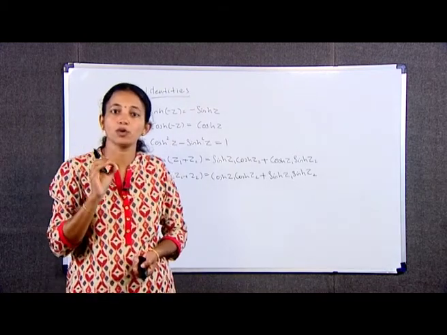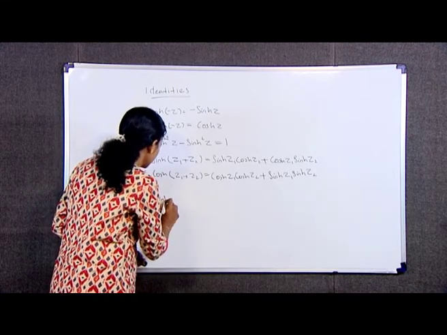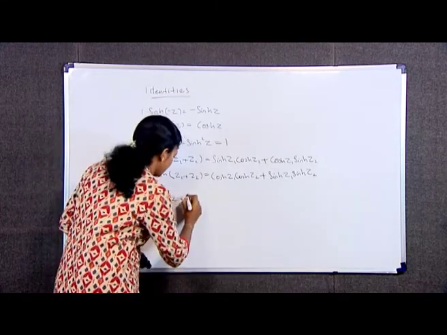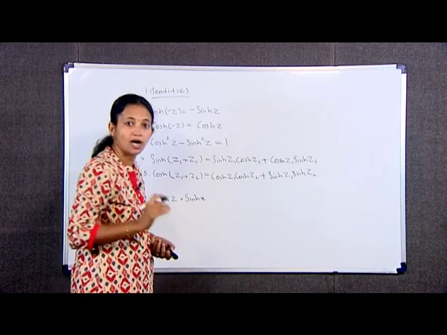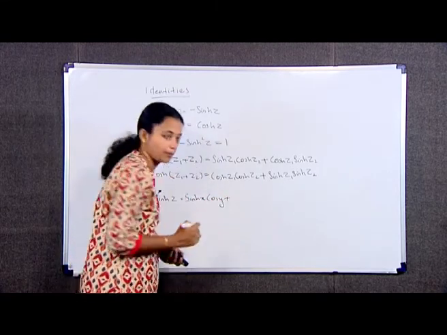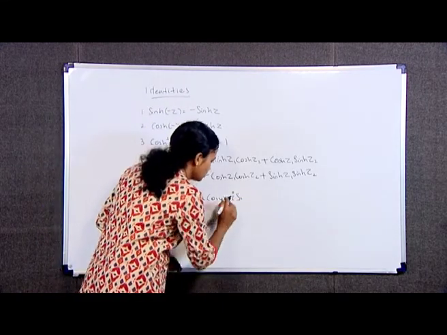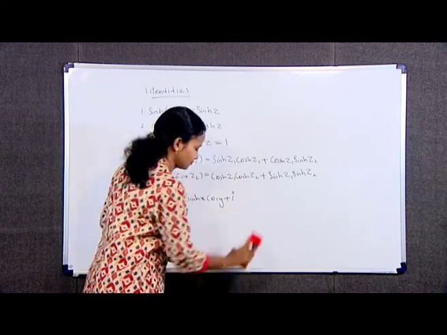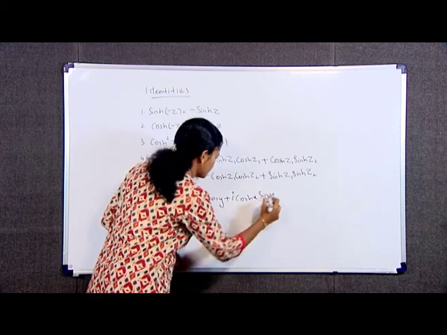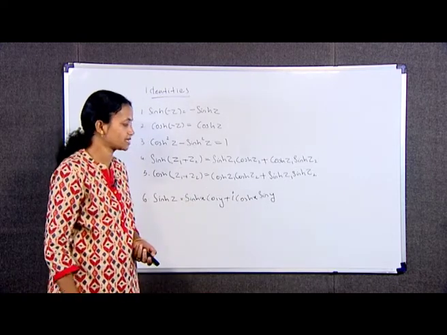Also, when z is equal to x plus iy, we have, sixth one, sinh z is equal to sinh x cos y plus i into cosh x sin y.